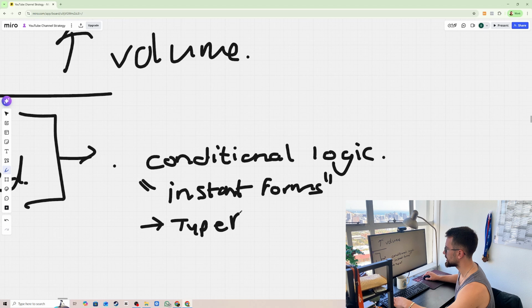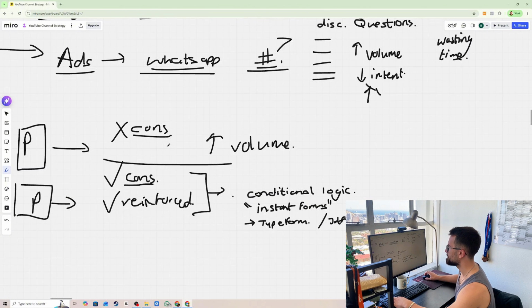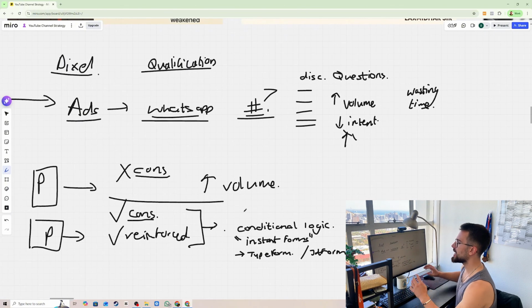It's very easy to set this up on Typeform, or let's say Jotform, any sort of form app. We're currently using Tally as well. What this means is that if they select a certain answer, the form closes. So we might ask something as simple as, are you a business owner? And if they say no, it closes.